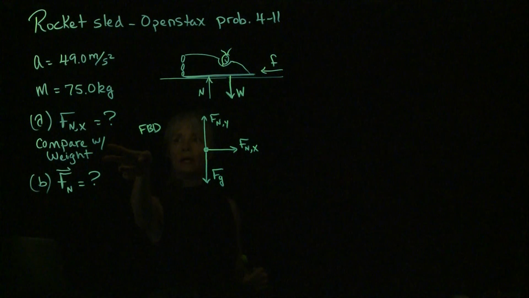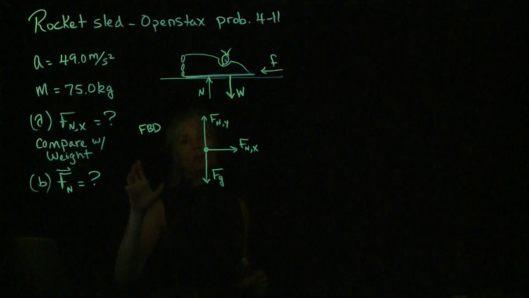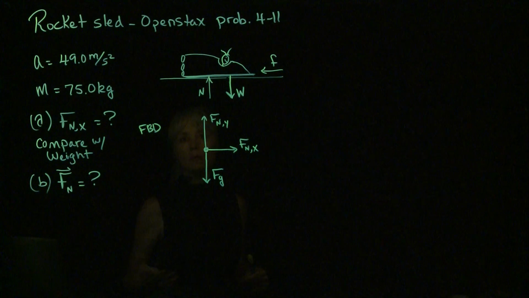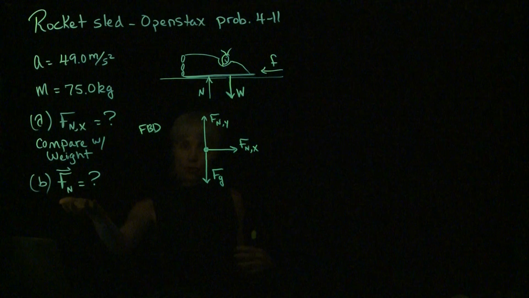Then we want to compare this normal force with his weight. And then in part B, we want to find the total normal force being exerted by the surface of the seat and the back of the seat on him in magnitude and direction form.